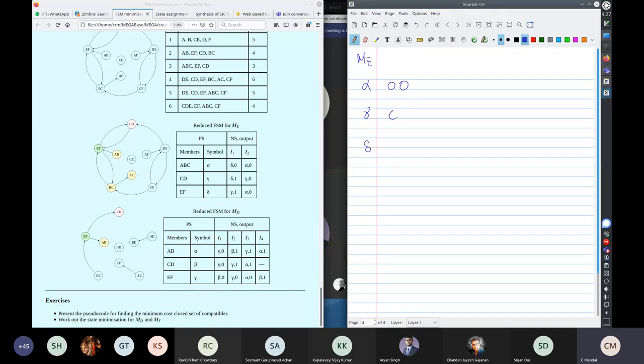This is 0, 1, and for this I can choose either 1, 0 or 1, 1. I could choose the significant bit as 1 and the other as don't care.